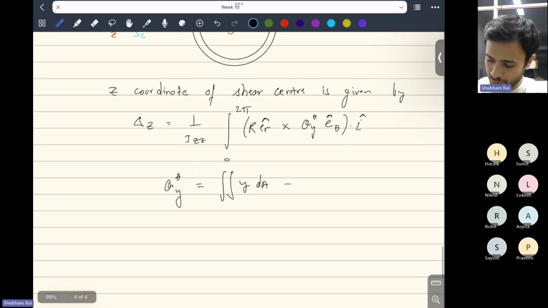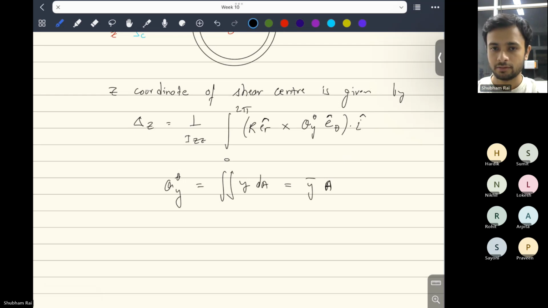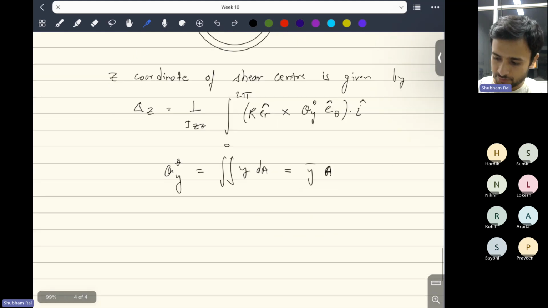And that was also equal to y bar into A. Y bar will be the centroid of that region up to the point you are integrating, and this area will be the total area up to the point that your S is going. Okay. I think sometimes it is shaded area. Anyway, let me just draw the section of this annular disk, then it will be more clear.